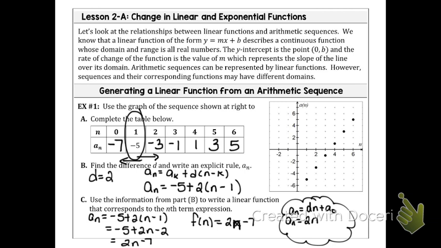So 2n, and our term at 0, if you look up there in the table, the first term would be a sub 1, that would be the -5, but the a sub 0 then is right there, it's -7. And so that's the same exact equation we just came up with for the linear one. All right, so they'll all work out to be the same no matter which one we use for the explicit.